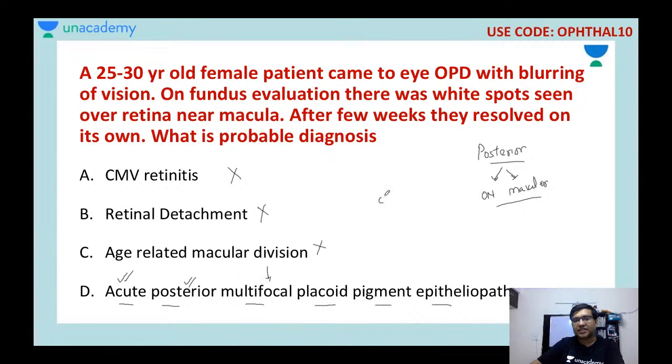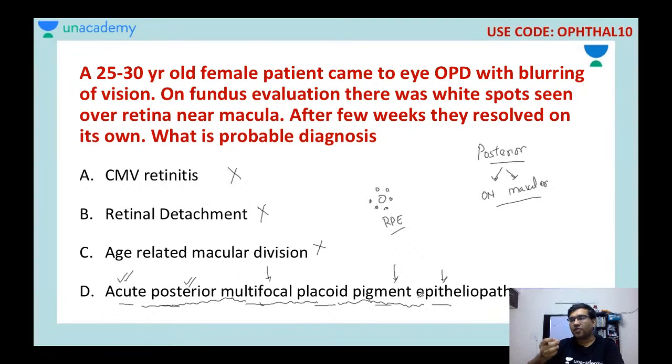Multifocal, so you have white spots around the macula. Pigment epitheliopathy, so there is a disturbance in the retinal pigment epithelium. So this inflammation is there and then it resolves. So this is called acute posterior multifocal placoid pigment epitheliopathy.